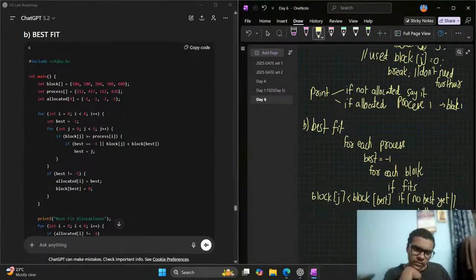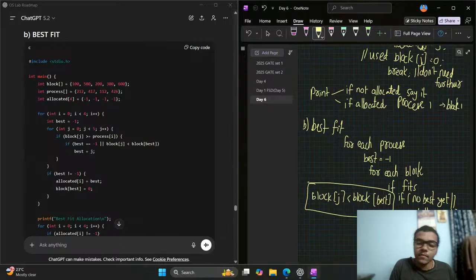If best is not equal to minus 1, so best is allocated. Allocated of i is equal to best. This closes.